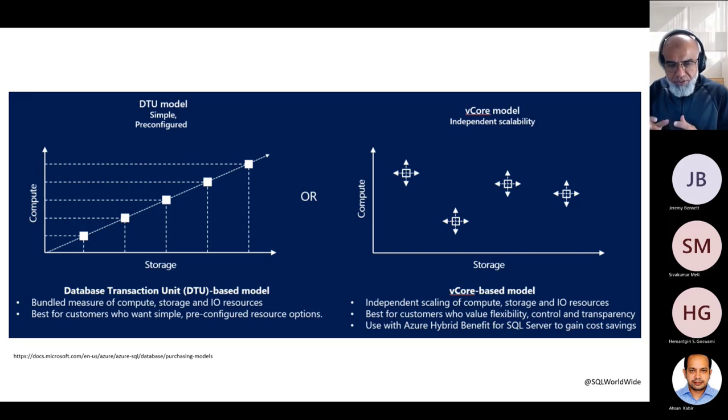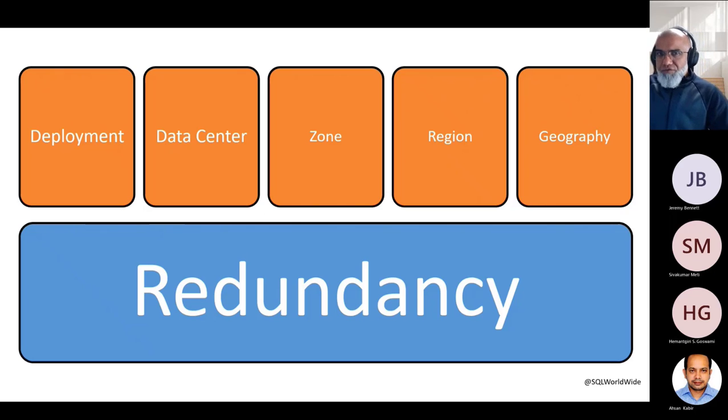These are all bundled together in an abstract unit they call the database transaction unit. But in the vCore model, you can clearly see how many CPUs you get and how much memory is allocated per CPU, so it's a little bit more visible resource-wise. Microsoft's current recommendation is vCore. So, enough of that. We're going to dive into the topic right now.